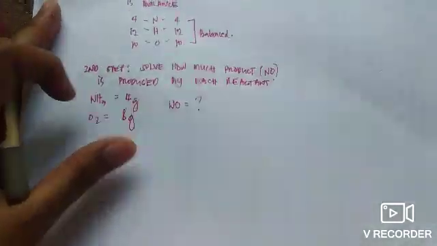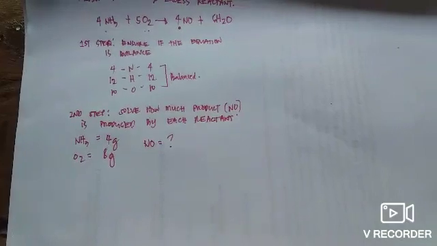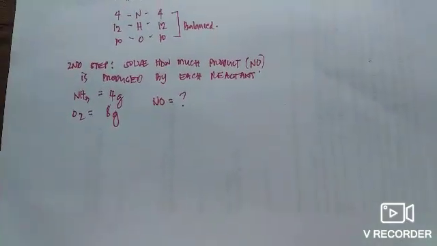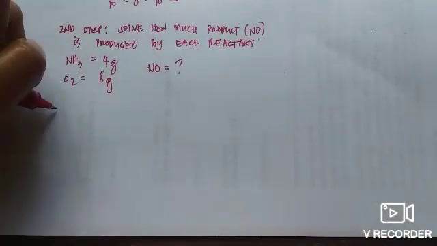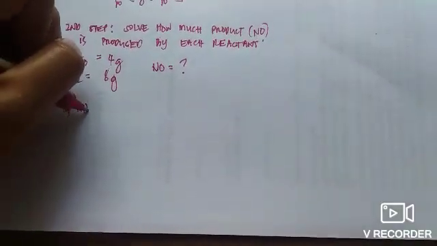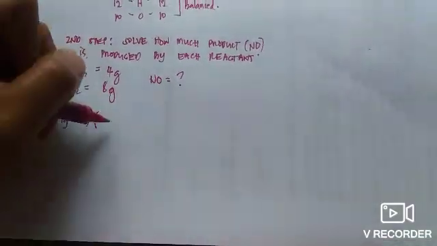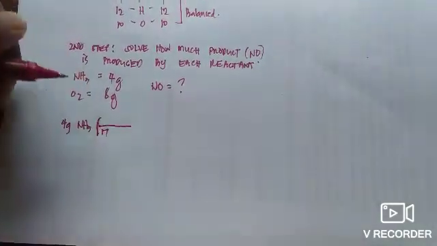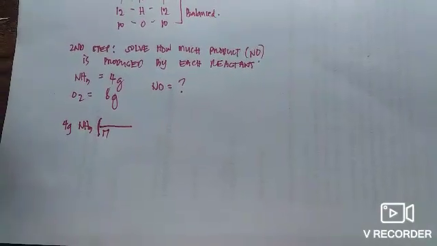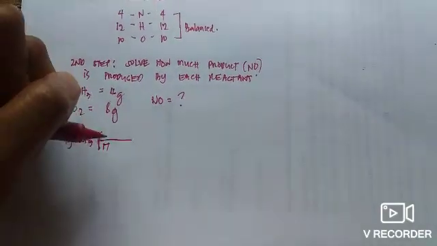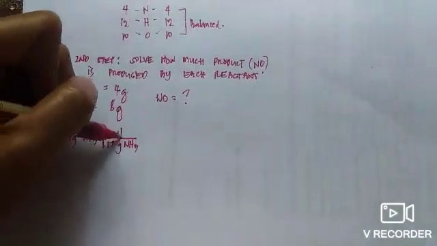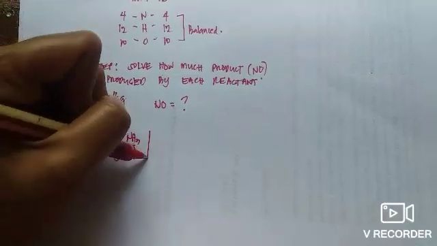Okay, let us solve. So if you still remember the stoichiometry, we're going to solve from mass to mass. So let's start with NH3. 4 grams of NH3. The molar mass of NH3 is 17 because 14 plus 3 is equal to 17 grams of NH3 is to 1 mole of NH3.